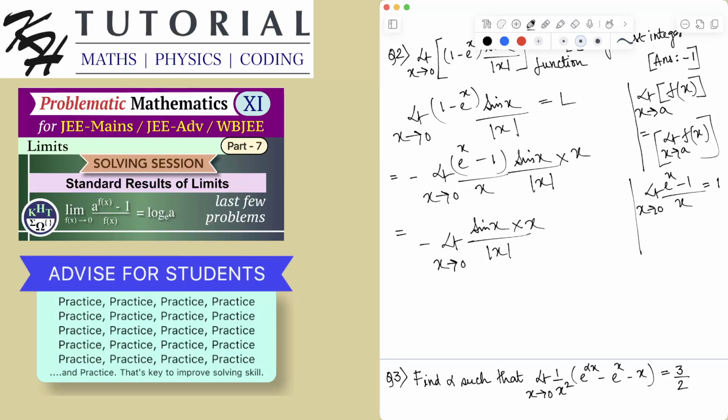Okay, I think we have to investigate. Now what will be the limit as x tends to 0 of sin x? The limiting value of sin x when x is tending to 0 is 0.